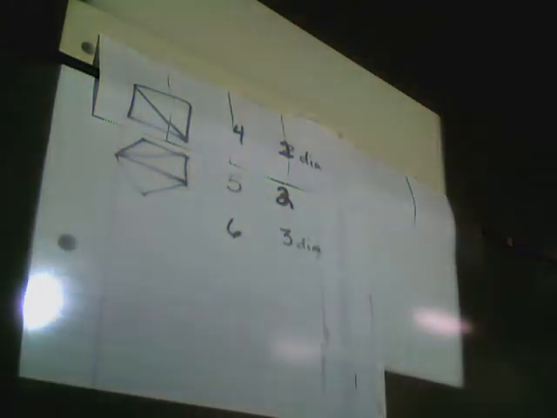Okay, so if it has 6 sides, it's going to have 3 diagonals. And what did this say? It said if it has 5 diagonals, it must have 8 sides, right?